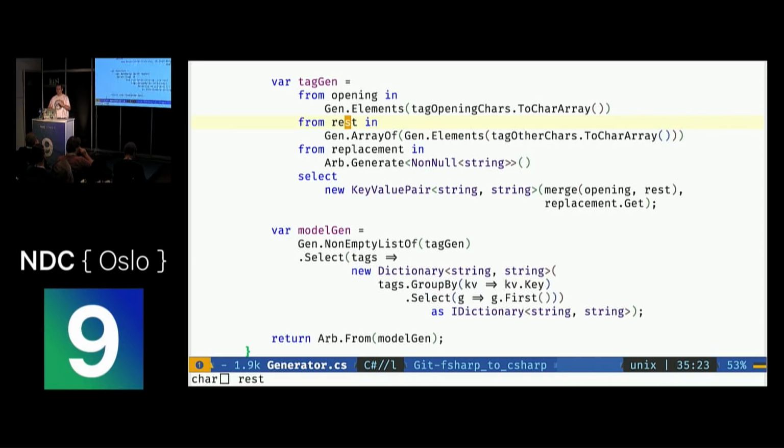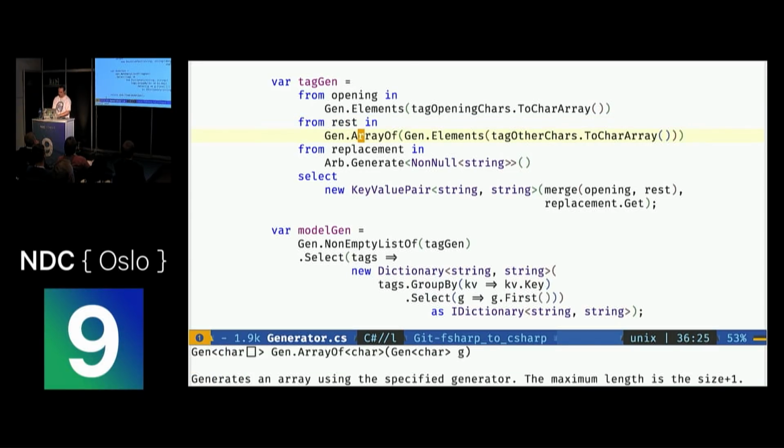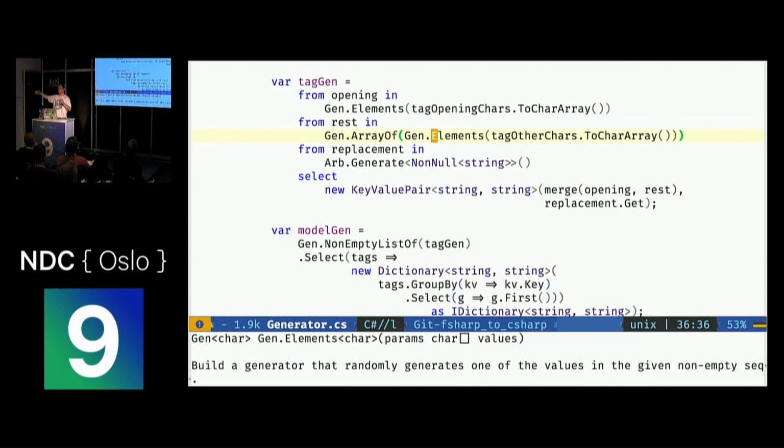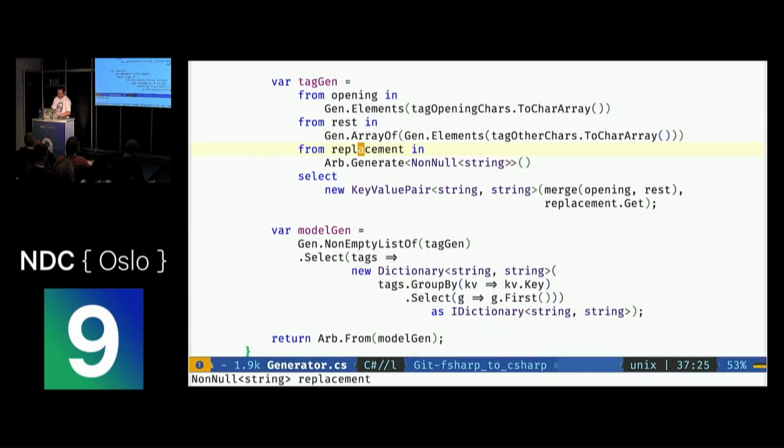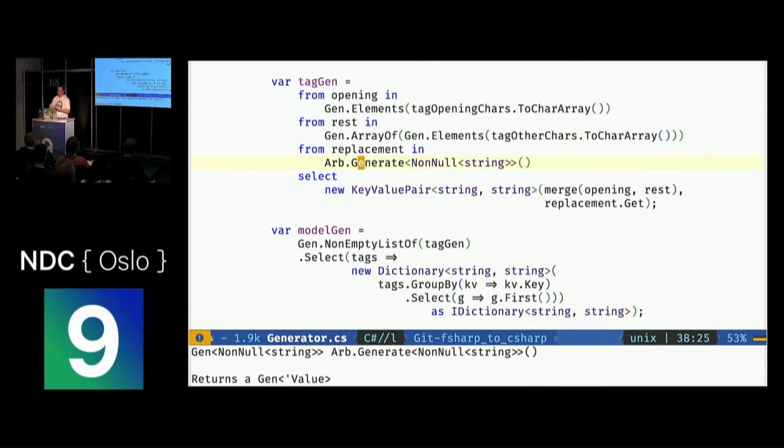So we've got this generator that can generate any length of array, and the elements in that array will be elements from my valid input keys. And I can also make use of FsCheck's default generators. So I can say, and I need a valid replacement value.